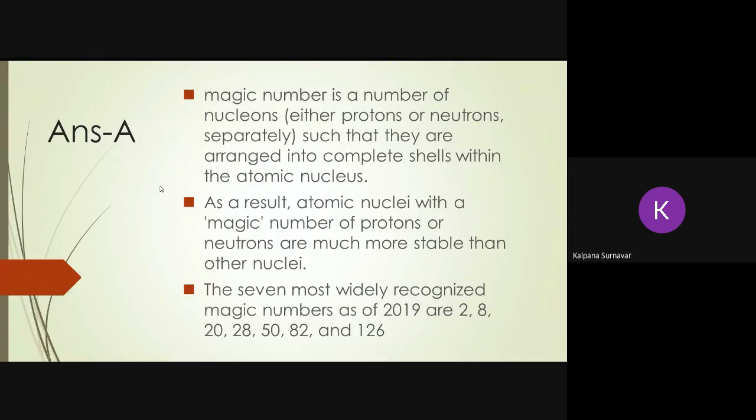A nucleus which contains a magic number of protons or neutrons is more stable than others. According to a list of 2019, these numbers are 2, 8, 20, 28, 50, 82, and 126.